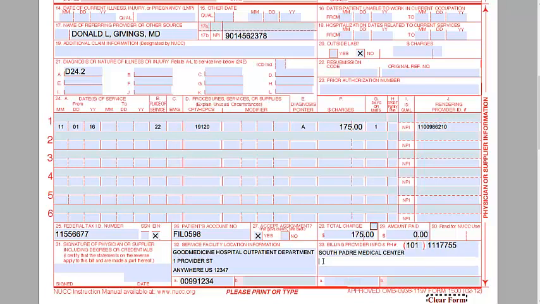And their address is 339 Woodland. And I can abbreviate. And I need to, in item number 33A, then go ahead and put the NPI number for the clinic that I put into item number 33.